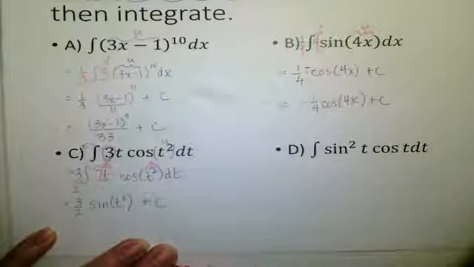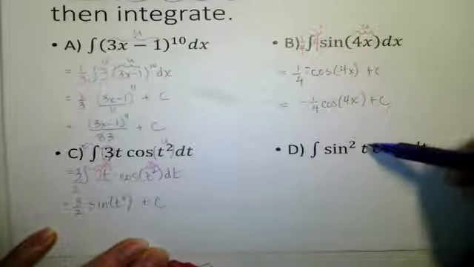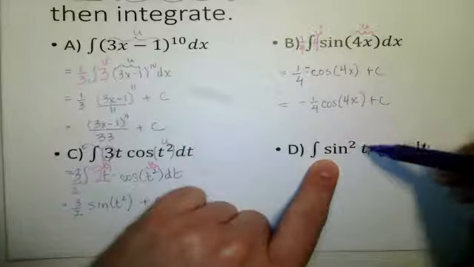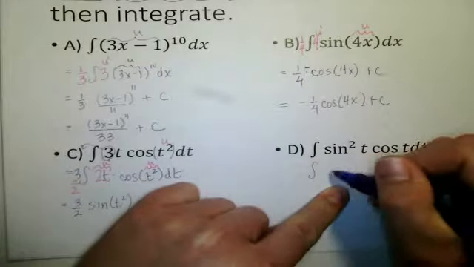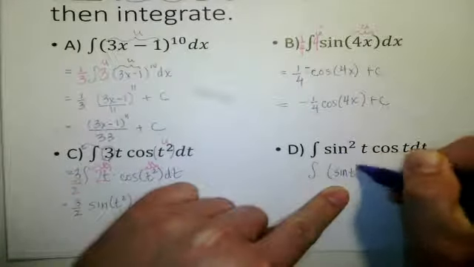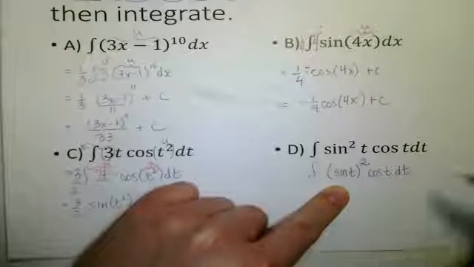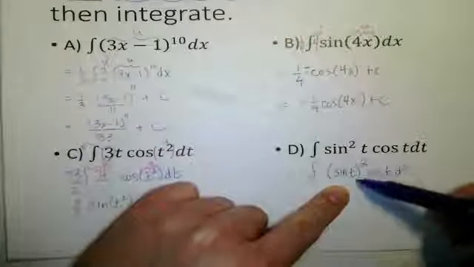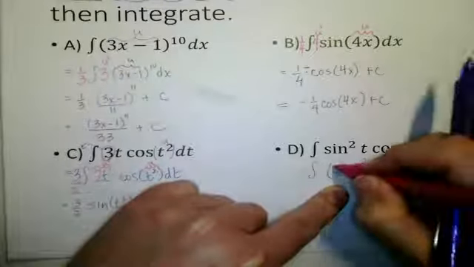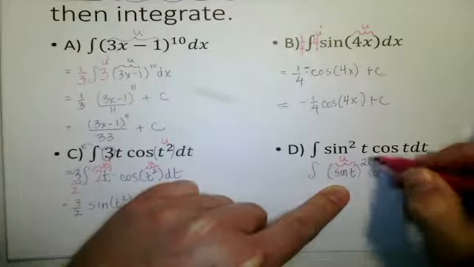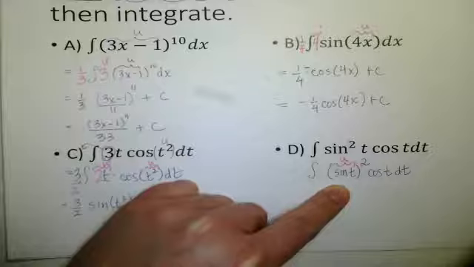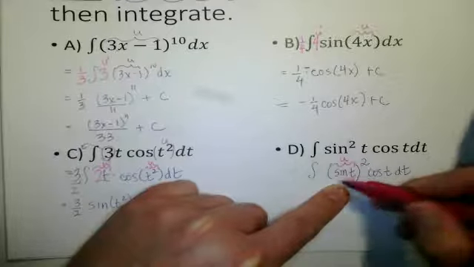All right. Here, this is interesting. This sine squared of t, remember, really is sine of t quantity squared. And so we have this outer function, this whole thing is the u that's being squared. Well, what's the derivative of u? What's the derivative of sine of t?